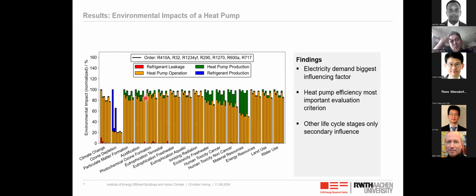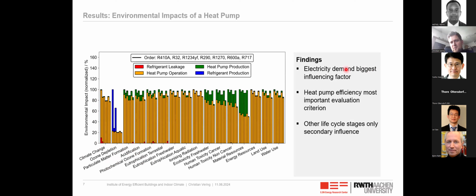And now we can distinguish between leakage, operation, and production. And what you see here, when you have a fluor molecule in our bondings, then we have parts of leakage that account for climate change, for example. Or if we look at particulate matter formation, the use of R717 has a slight impact here.